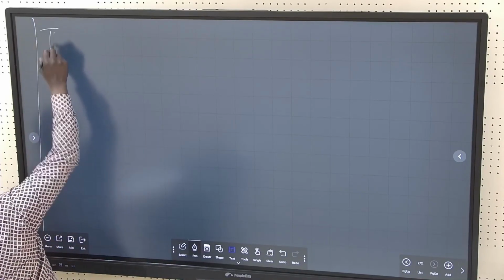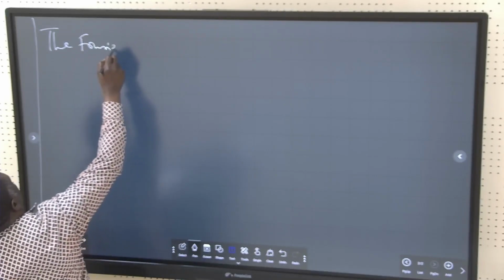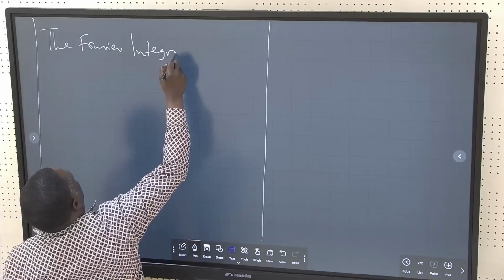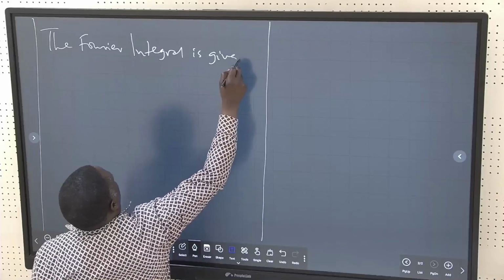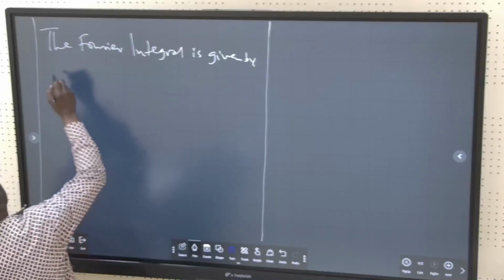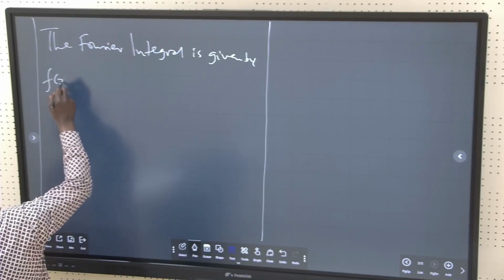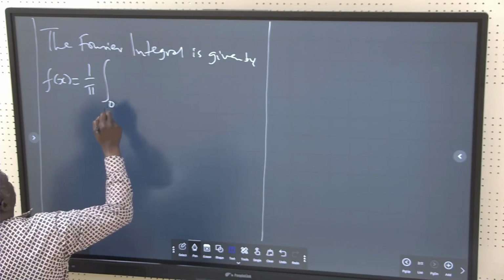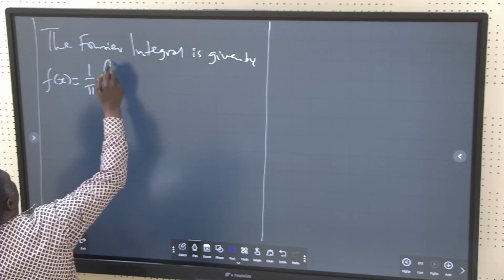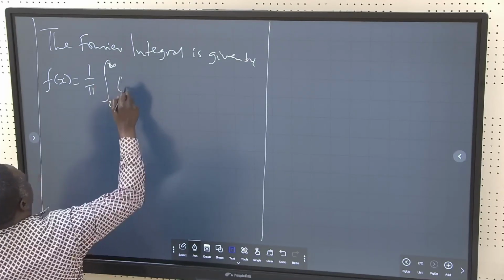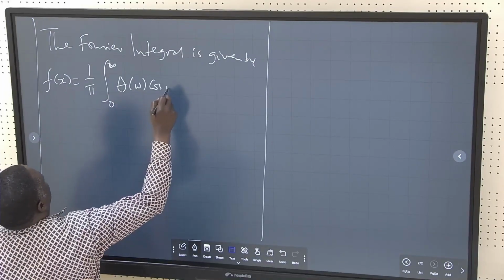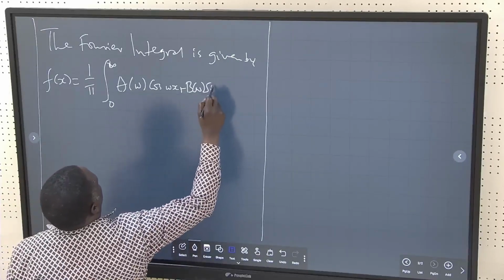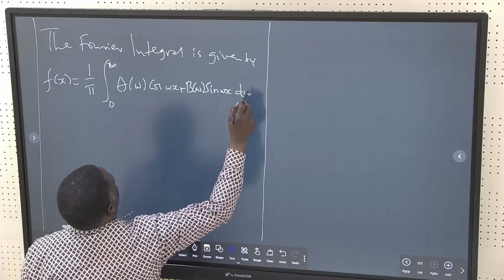The Fourier integral is given as f of x equals 1 over pi, integrated from 0 to infinity of a omega cosine omega x plus b omega sine omega x, with respect to omega.